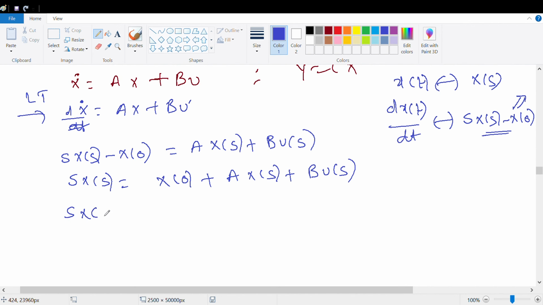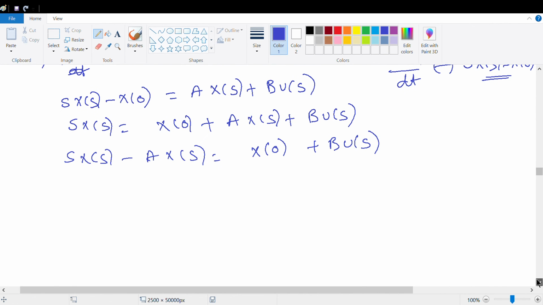Now s into x of s minus a into x of s equals x of 0 plus b into u of s.